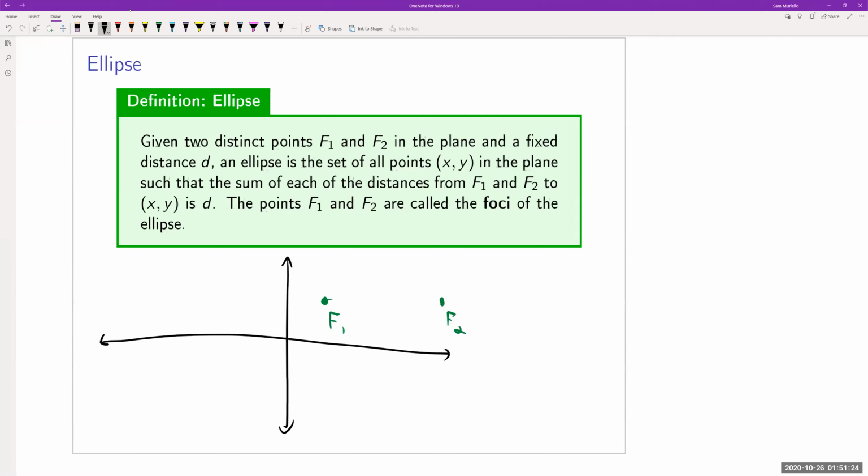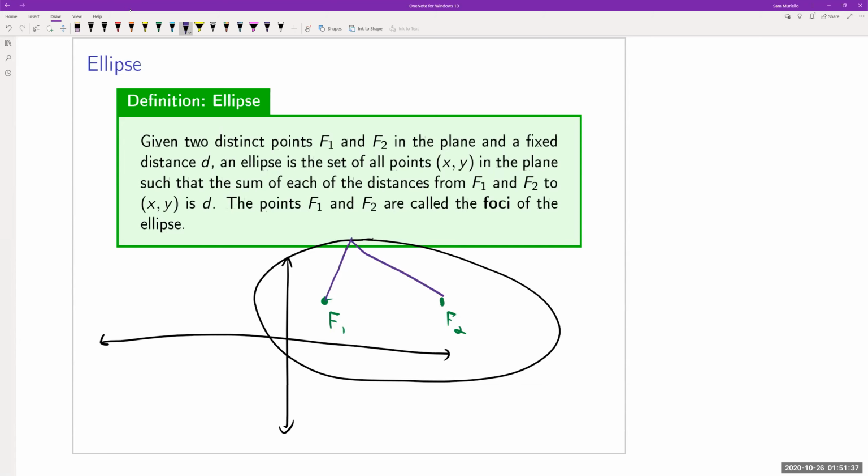And what the ellipse is going to end up being is all of the points where the distance here is some fixed value. So if I call this D1 and D2, let's say D1 plus D2 adds up to D. This would work in any place.